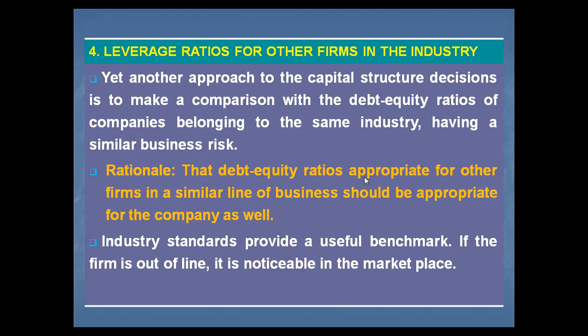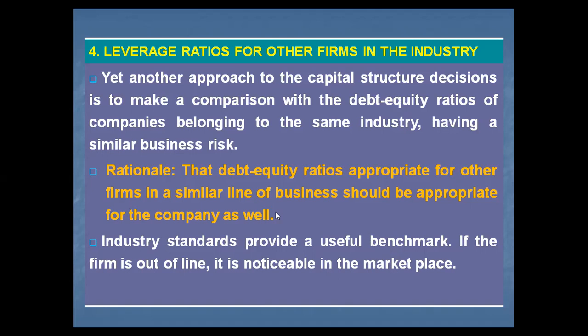What is the objective? What is the rationale? That debt equity ratio that is appropriate for other firms in a similar line of business should also be appropriate for the company as well. If Coca-Cola has raised capital in a particular debt equity proportion, it may also be suitable for PepsiCo.